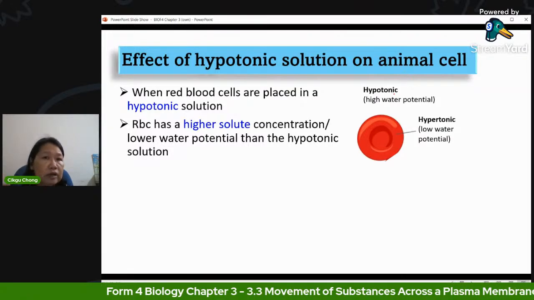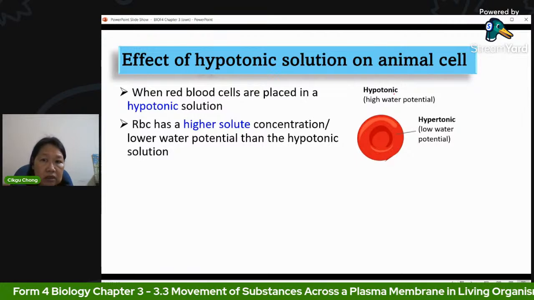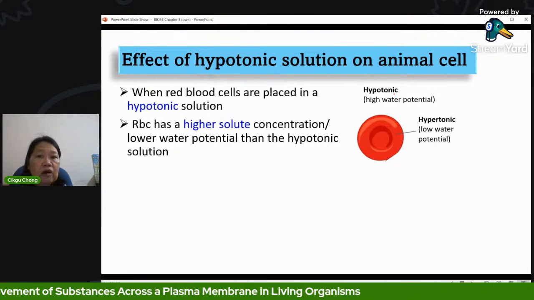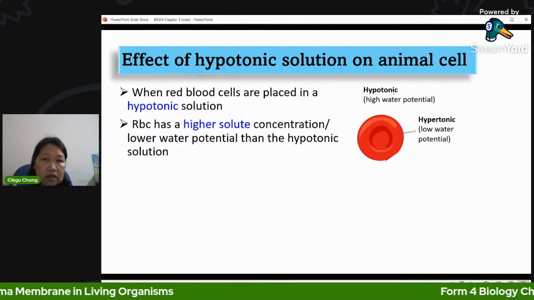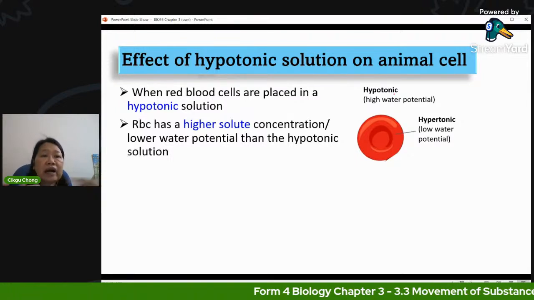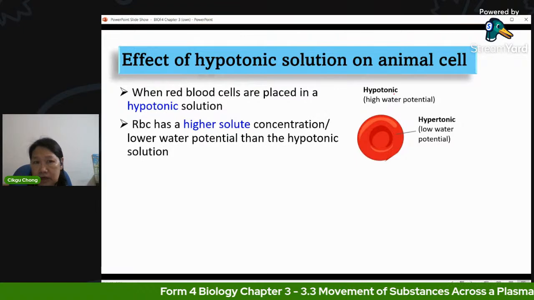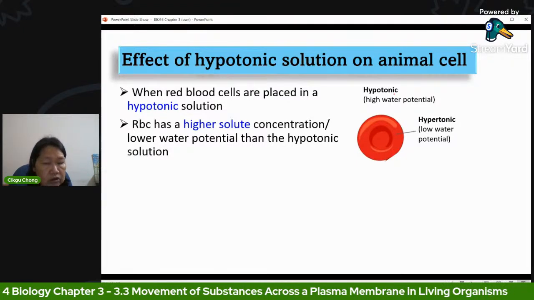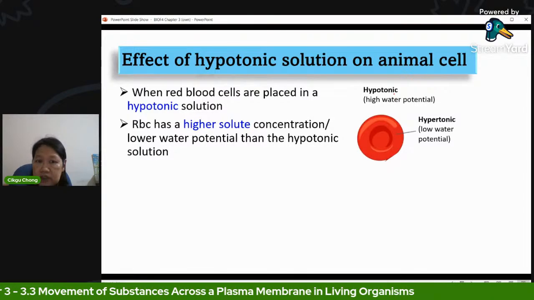And then again, I told you, when there's more solute, it means less water, so low water potential. All right, outside more water, inside less water. So you can see the difference here. So water always moves from hypo to hyper. Okay, remember that, osmosis. More water will move to less water. High water potential moves to low water potential.